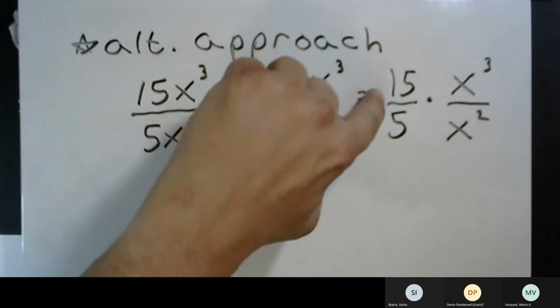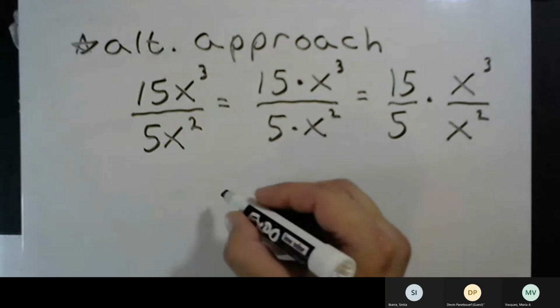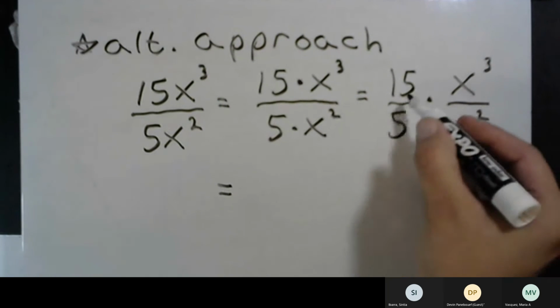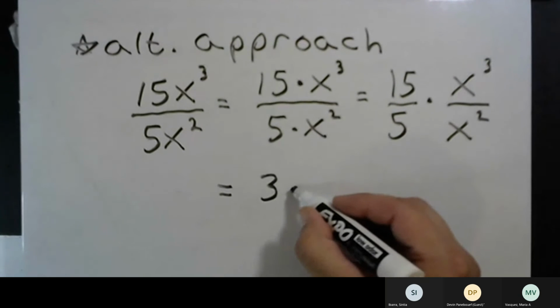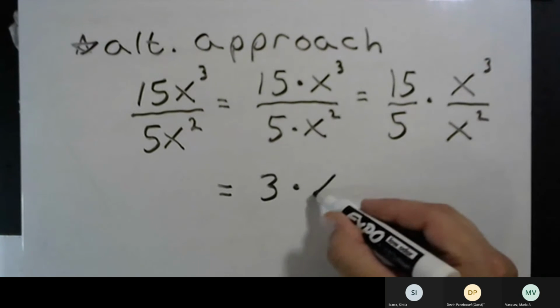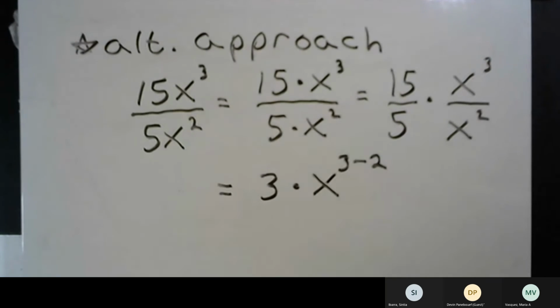Now we can do our division, or reduce this like it's a fraction. So we get 15 divided by 5 is 3, times, and now we use that quotient rule where we subtract the exponents.